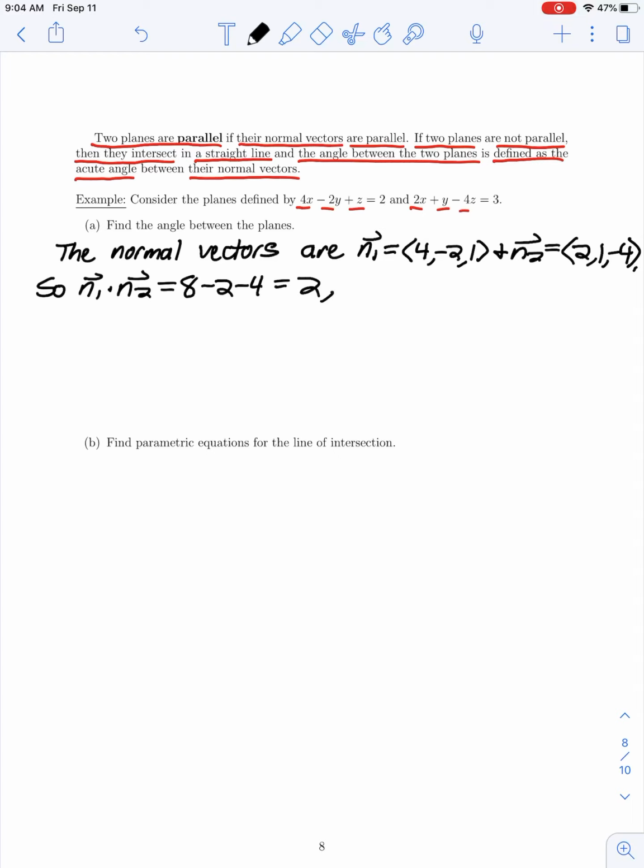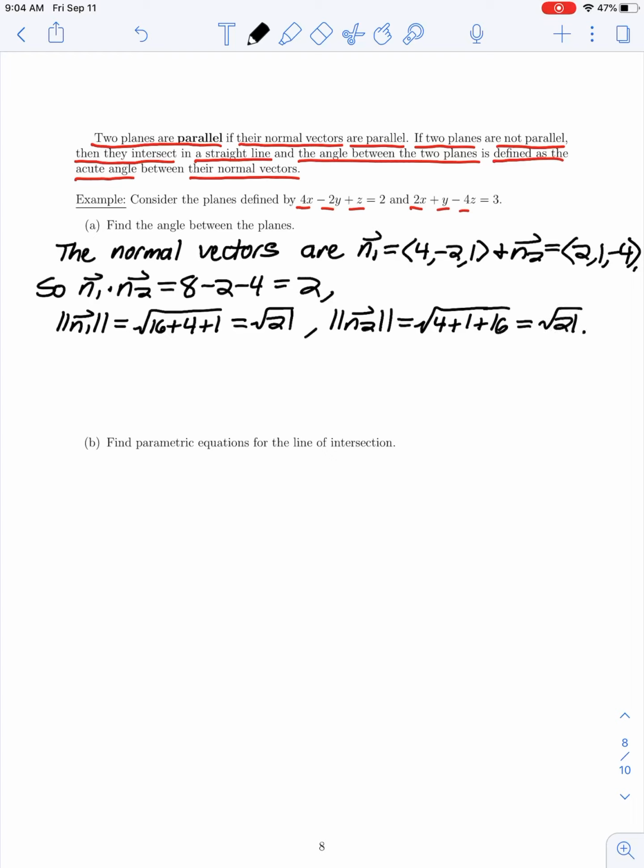And I need the magnitude of these two vectors. That is the magnitude of n1, which would be the square root of 16 plus 4 plus 1, so root 21. And the magnitude of n2, which would be the square root of 4 plus 1 plus 16, which would also be root 21.